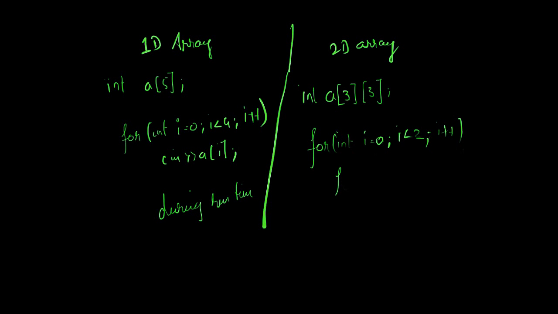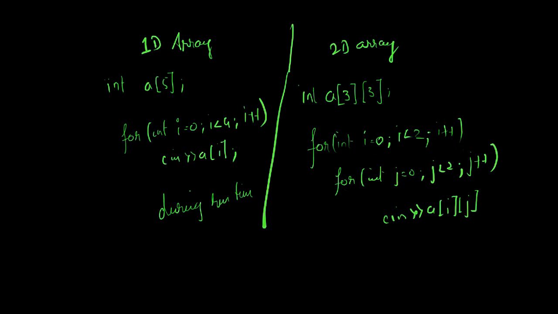Now for the second for loop, int j is equal to 0, j less than 2, and j plus plus, and here I give cin a of I j.